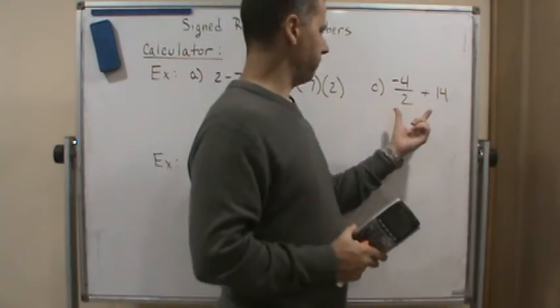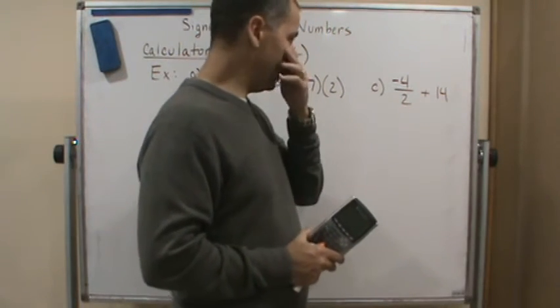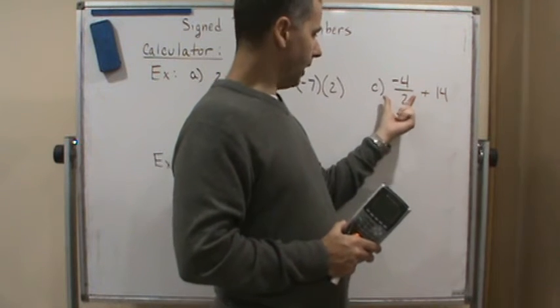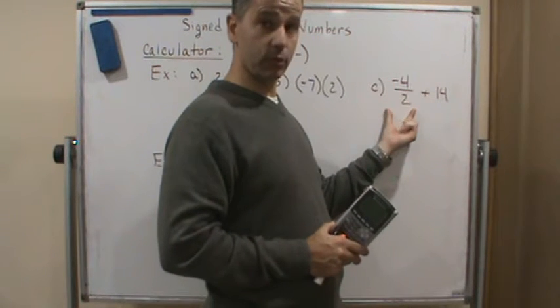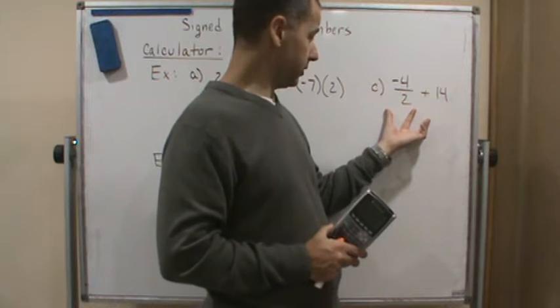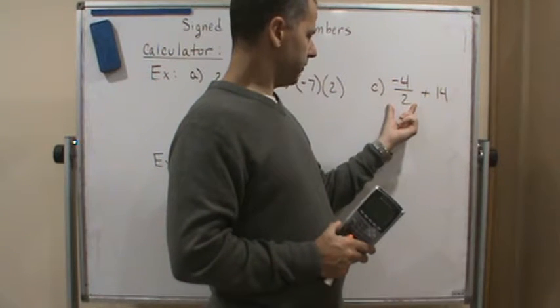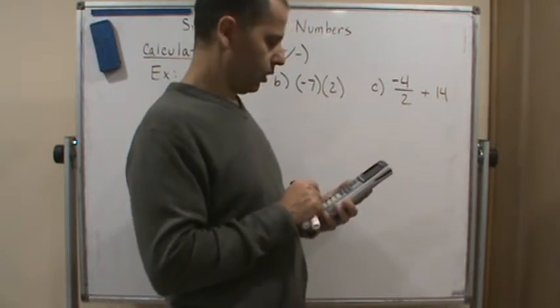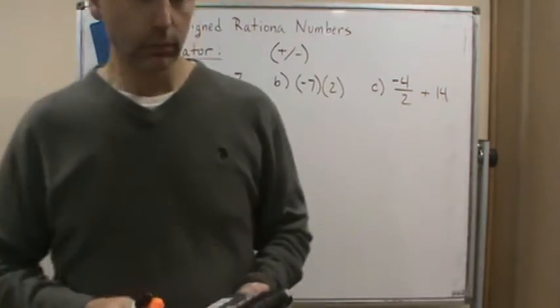Now what about this one? Now here, I'm going to do this in steps. I'm going to do the division first, right? Follow your order of operations. So do this first, then this.